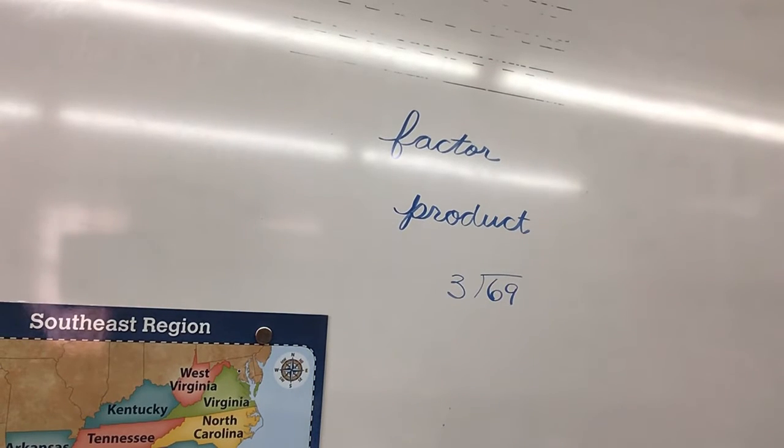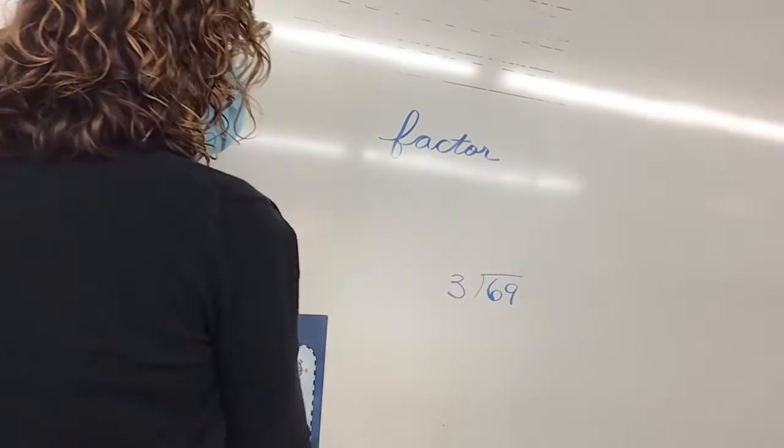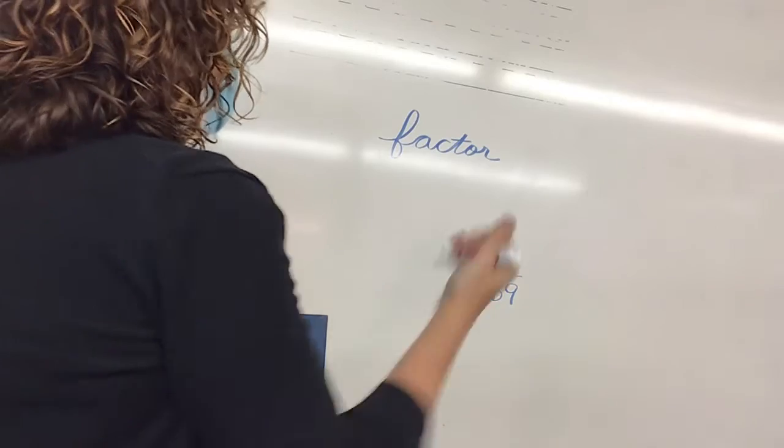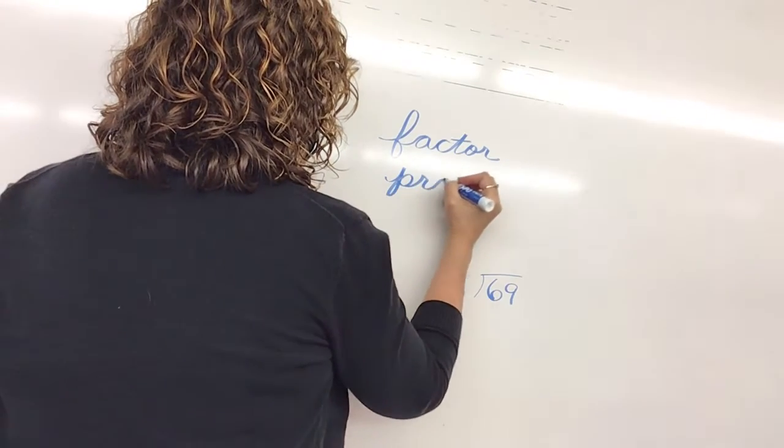Alright, anybody need more time to write factor? Remember, I'm not making you write factor and product, but both of those numbers would be called factors, just like they were all called add-ins and then a sum. They're both called factors, and the answer is the product. Now, that brings us to that section where, sorry, you guys, I thought you were done because you only had to write factor one time.